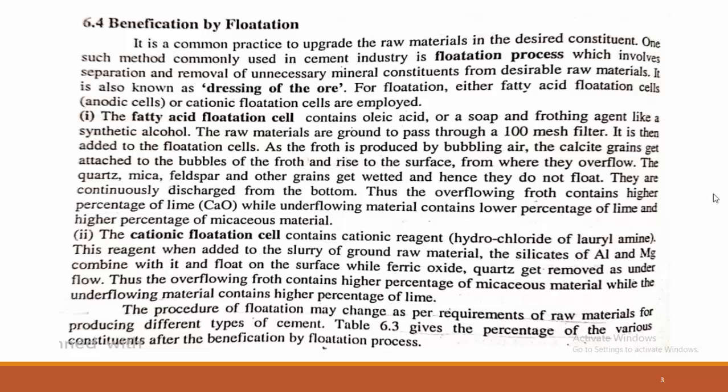Second is the cationic flotation cell. It contains a cationic reagent like hydrochloride of fluoramine, and when this reagent is added to the slurry of ground raw material, the silicates of aluminium and magnesium combine with it and float on the surface, while the ferric oxide and quartz get removed under the flow.